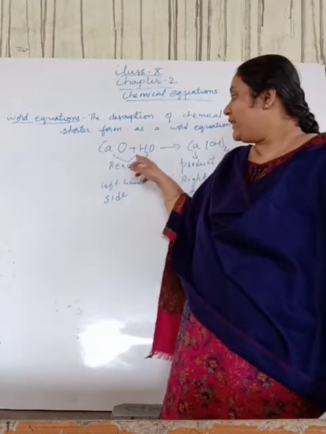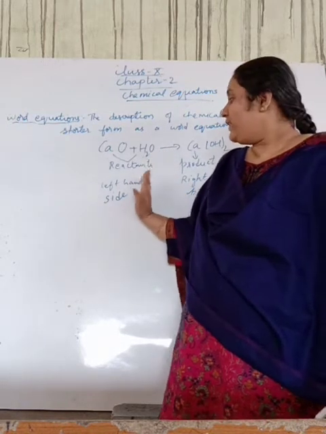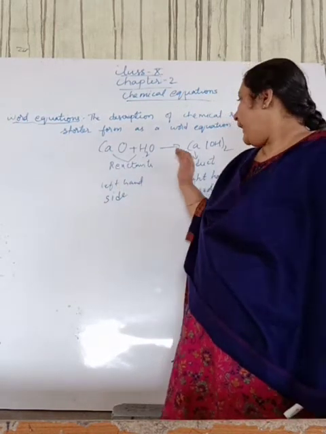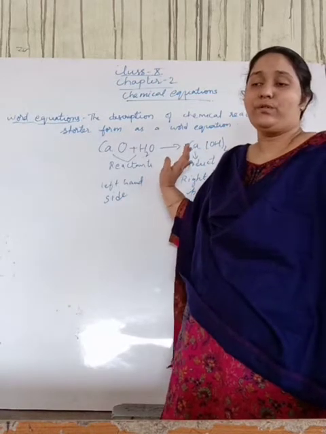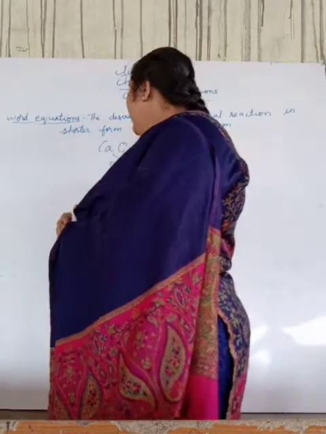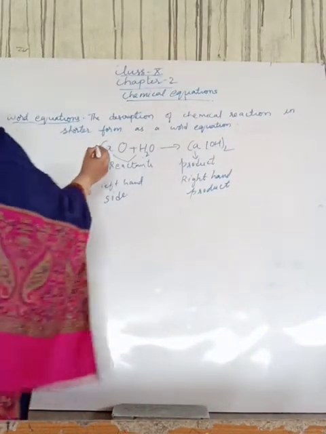Here we are just separating the reactants and products with an arrow. The left-hand side of the arrow is reactants and the right-hand side of the arrow is the product. Got it, students?